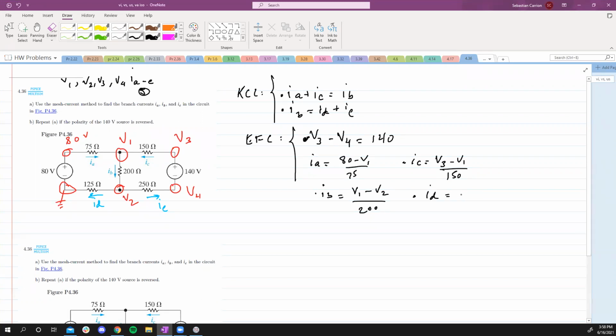ID equals V2 over 125. And then we have IE equals V2 minus V4 over 250. And yeah, we have 1, 2, 3, 4, 5, 6, 7, 8, 9.